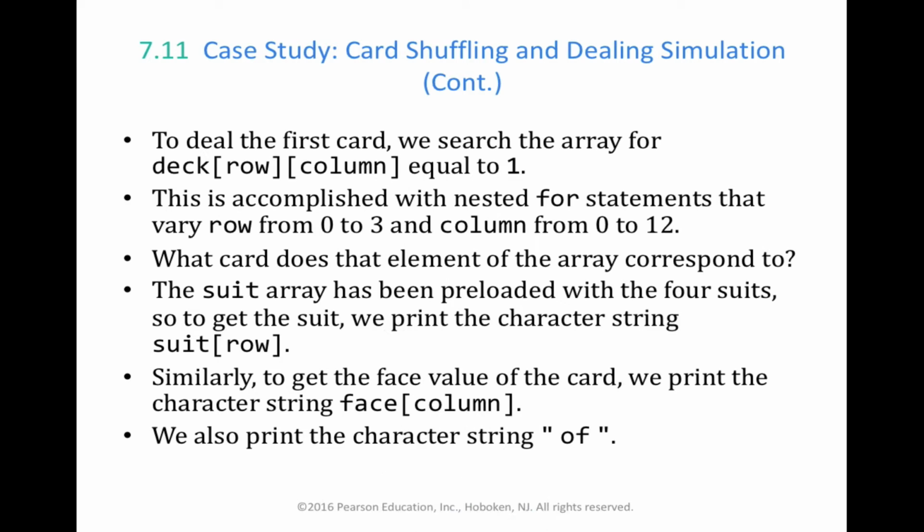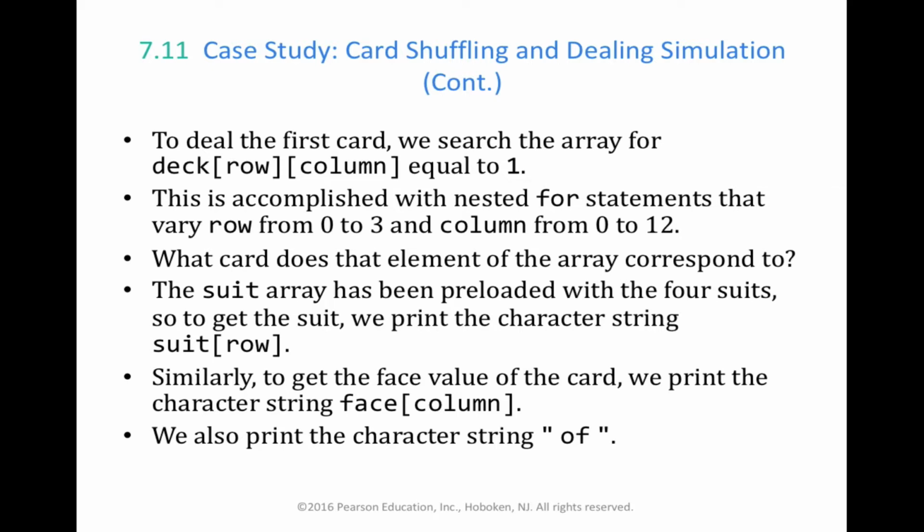When dealing the first card, we just search the array for where the row and column element equals 1. This is accomplished with nested for statements. We look at every row from 0 to 3, and then every column from 0 to 12. What card does that element correspond to?